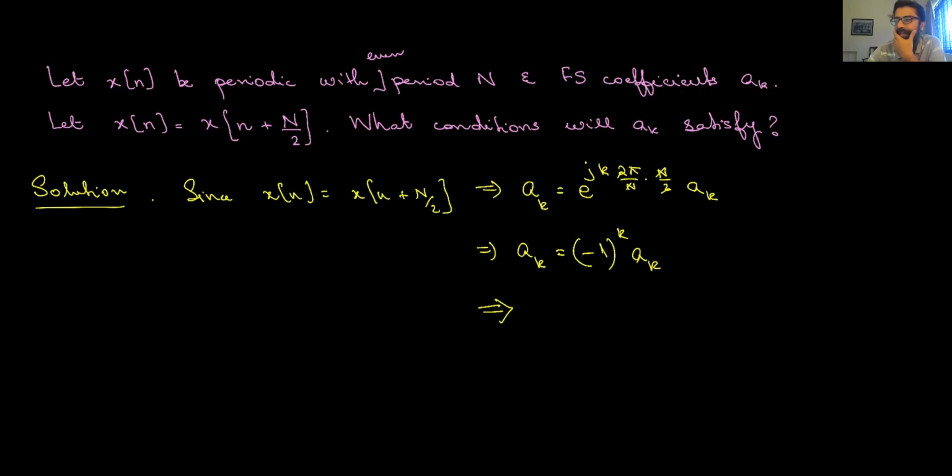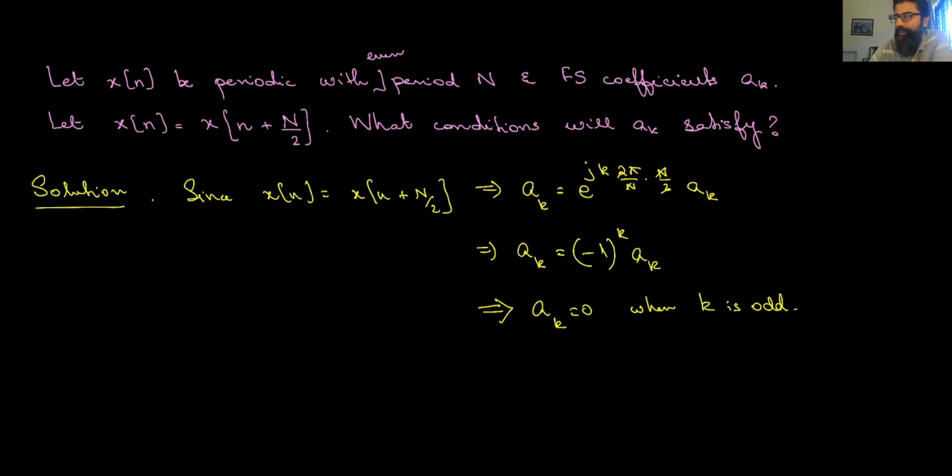There's something you can say about the odd valued Fourier series coefficients. So this must mean that a sub k equals 0 when k is odd. Okay? What I want to do is कि even values of k के लिए वो Fourier series coefficients क्या होते हैं?